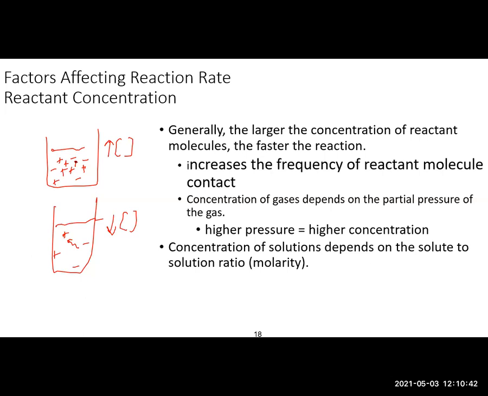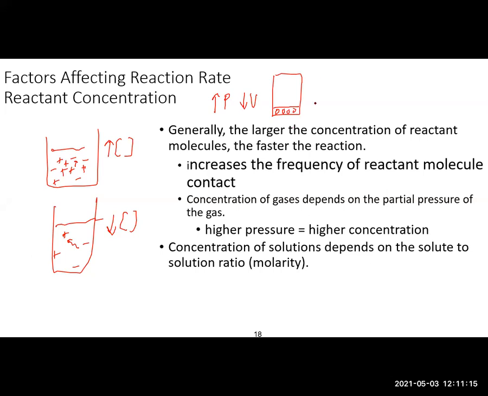If you also remember when we talk about gases, it depends on partial pressures. Think about Boyle's law and pressures: as the pressure goes up, what happens to the volume? It goes down, typically. So as we increase the pressure, the volume goes down, which means all your gas molecules are right next door to each other, allowing them to react really quickly.